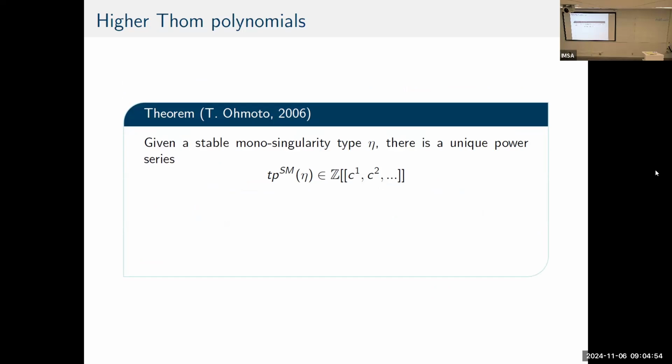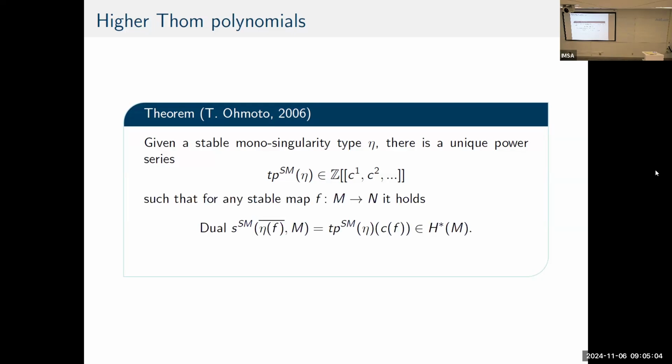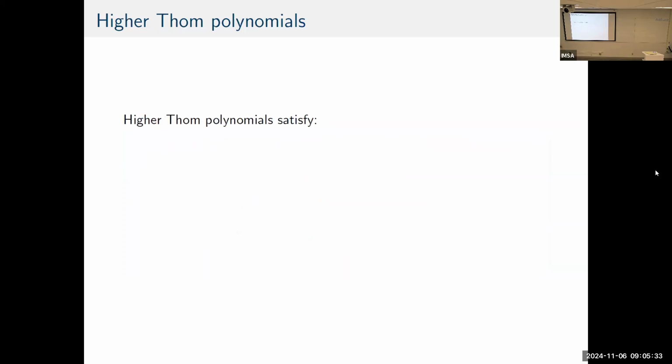So Ohmoto proved the following theorem: given a stable mono-singularity type eta, there is a unique power series such that for any stable map F, the cohomology class associated to the Segre-Schwartz-MacPherson class of the eta-type locus of F is equal to this series evaluated in the quotient classes. Okay? So this is called the hyperthom polynomial. And as you know, the hyperthom polynomial satisfies that the leading term is the Thom polynomial, and then we have higher order terms.